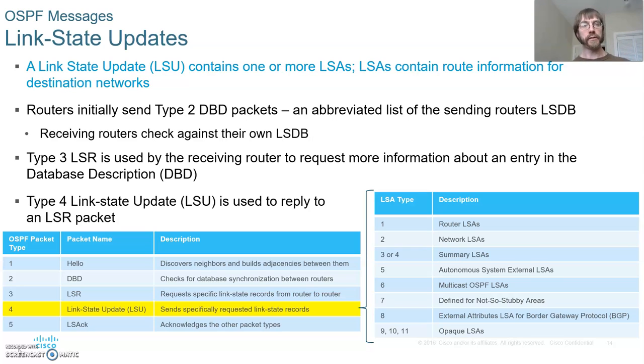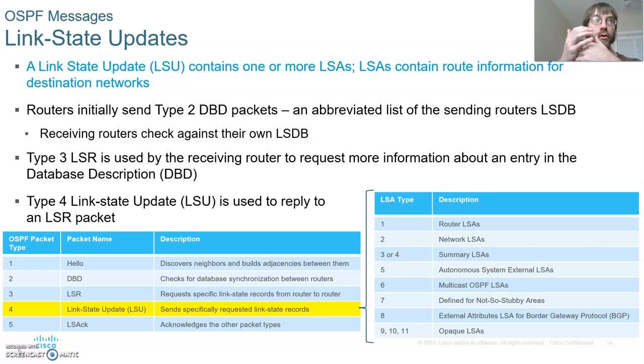There are a number of different LSAs, and this is another table that you should probably put in your notes, or otherwise commit to memory. Type 1 is a router LSA. Type 2 is a network LSA. Type 2 LSAs are only relevant if you have a DR or a BDR election.